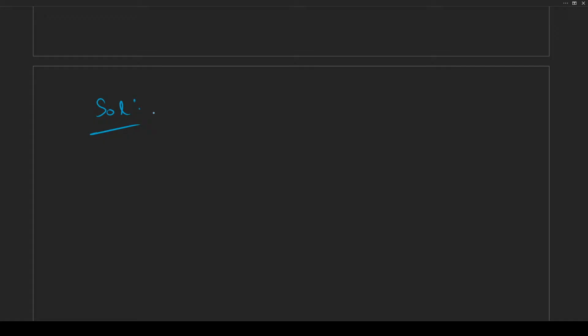The magnetic field due to Earth, B, which is equal to BH tan theta, and this is the Earth's component.